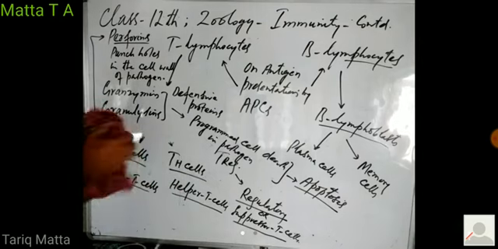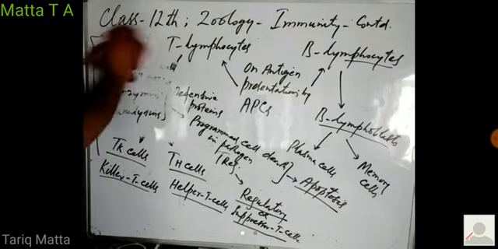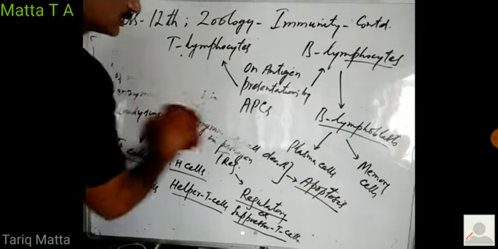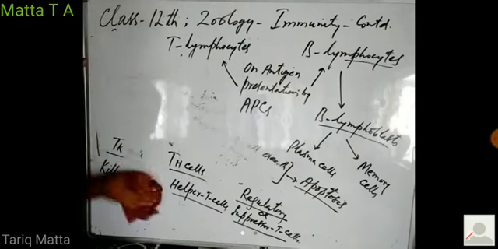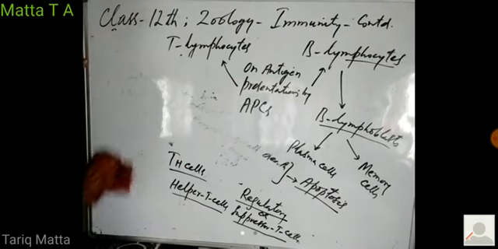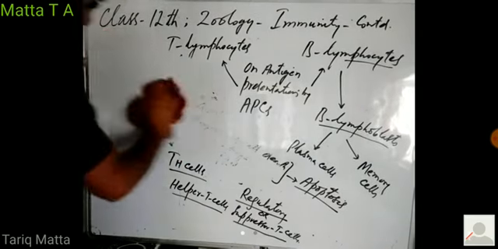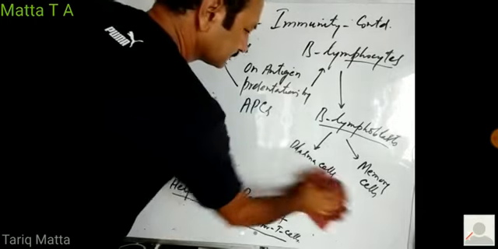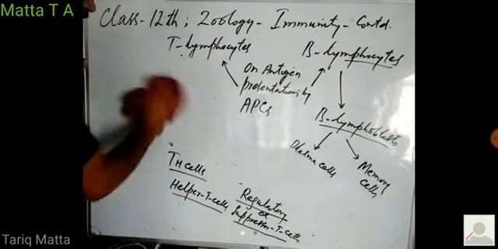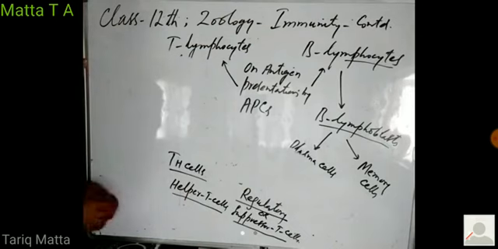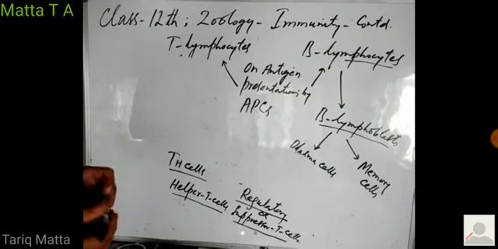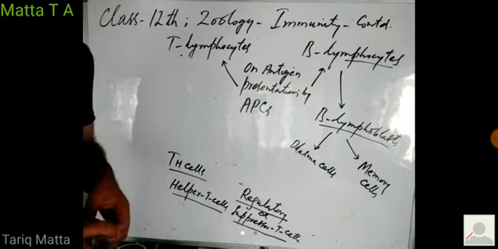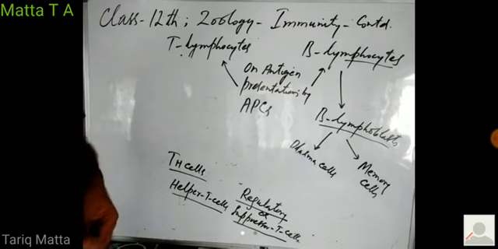Then we have helper T cells. Helper T cells are a type of T lymphocytes which are involved in the activation of the other immune cells.